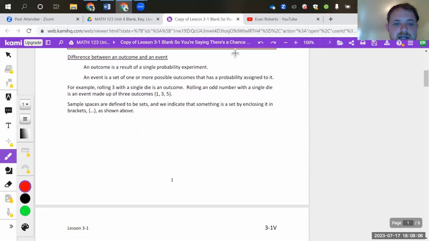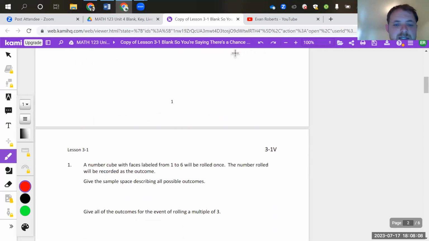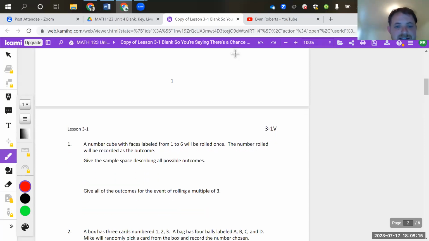And so we'll get into a specific scenario right here. And so we've got a cube, 6 sides on it, and we're going to roll it. And so the sample space is anything that could happen. So a lot of times what you'll see is they'll do these little fancy brackets right there.